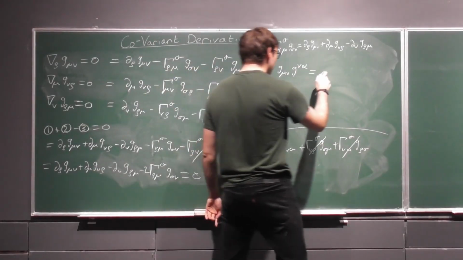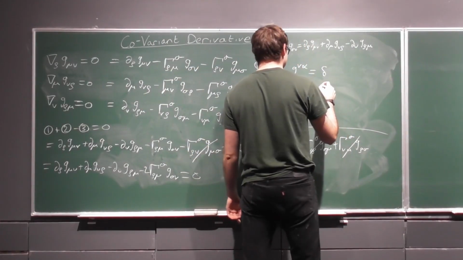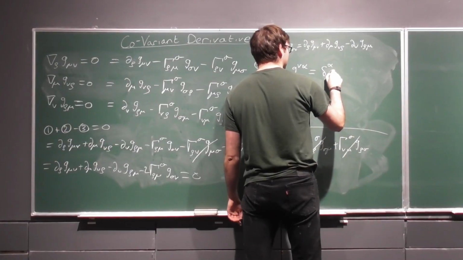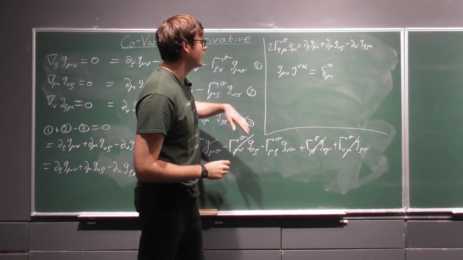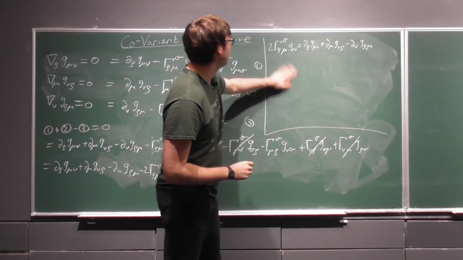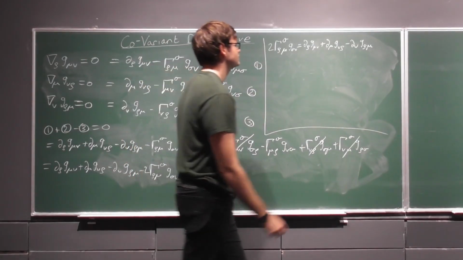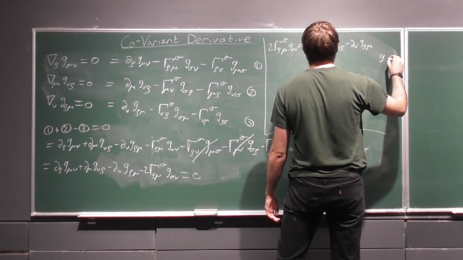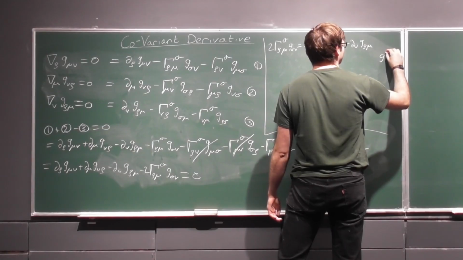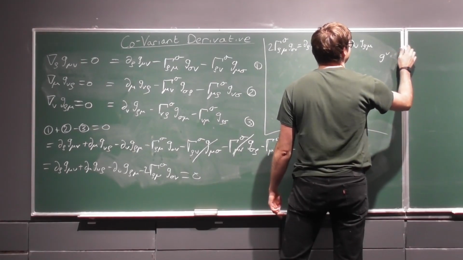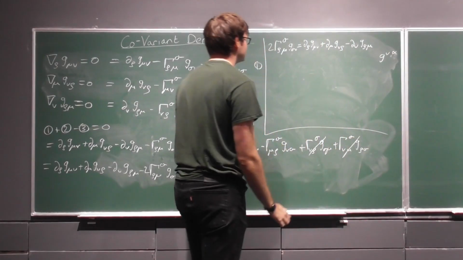So this thing is equal to the identity matrix with indices alpha and mu, as there are only 3 indices. So let's apply g nu alpha across to both sides.